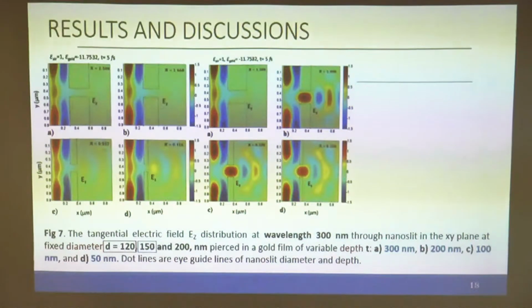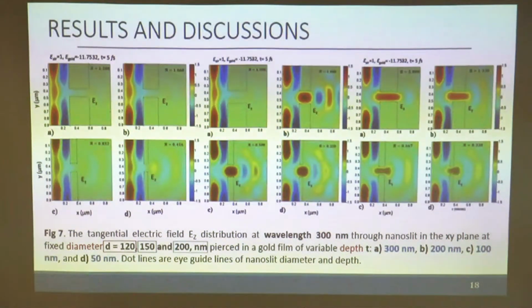It's not actually in the simulation, but in order for you to see better, I draw it here. So actually you can see the extraordinary optical transmission in here, that is 200 nanometers of depth, with a diameter of 150 nanometers.